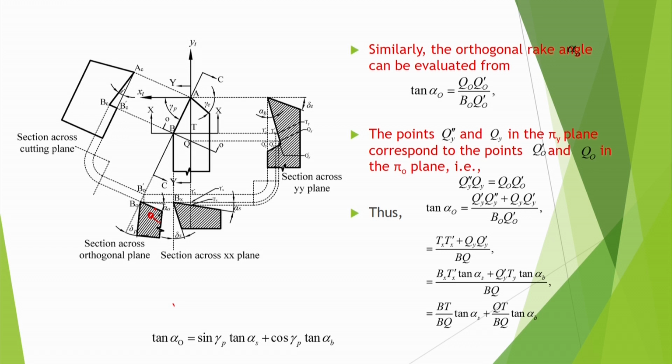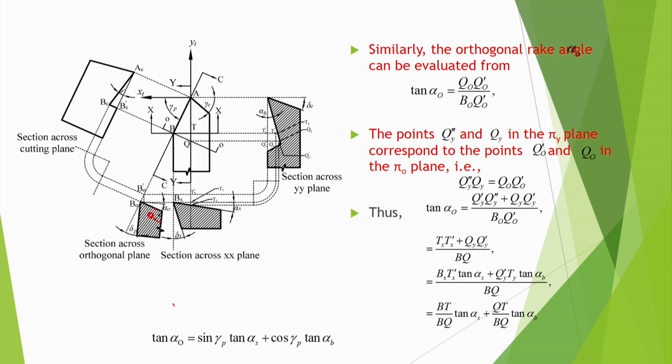Suppose gamma P is equal to 90. That means the side cutting edge angle is 0, that means the cutting edge is perpendicular to the feed direction in the top view. In that case, tan alpha 0 will be tan alpha S, that means the side rake angle is the same as the orthogonal angle. So it is the side rake angle that mostly decides the flow.